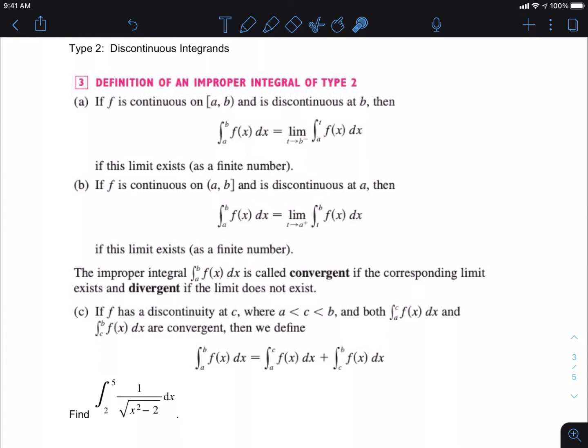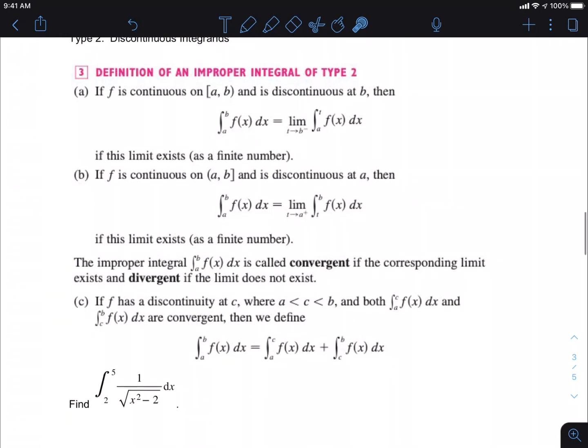We'll address that here, okay? What ends up happening is we need to address these potential issues, and when we deal with these potential issues with discontinuities, what we end up having to do is attacking them, either approaching from the left or approaching from the right.